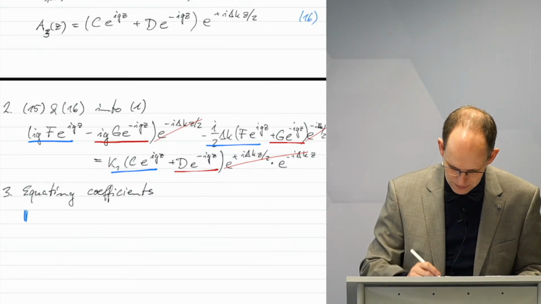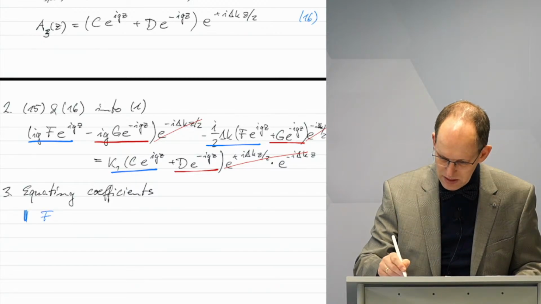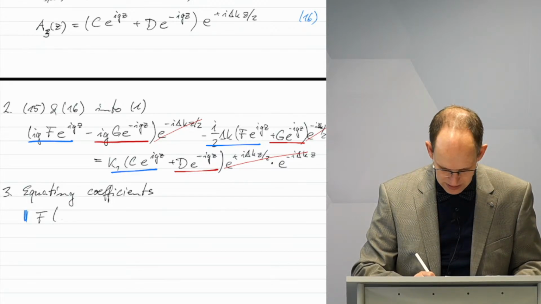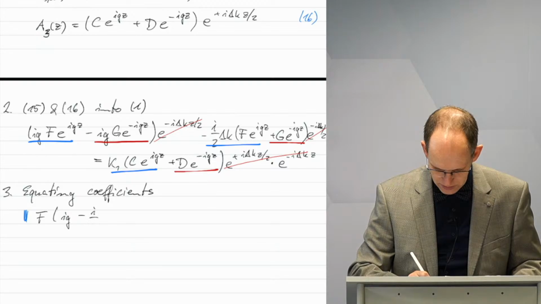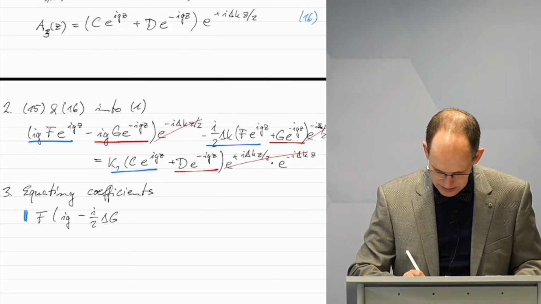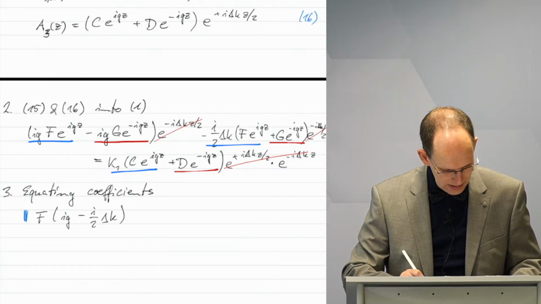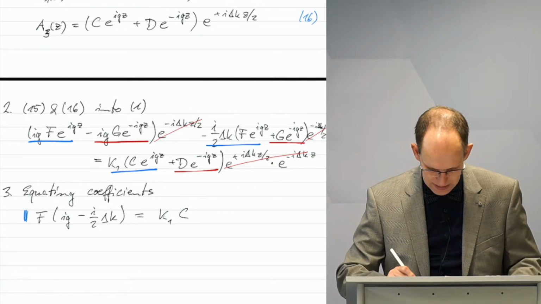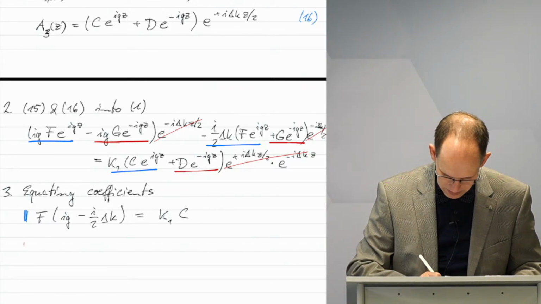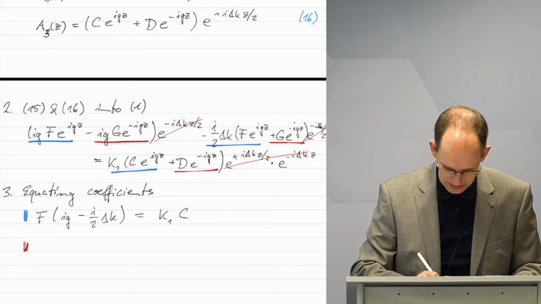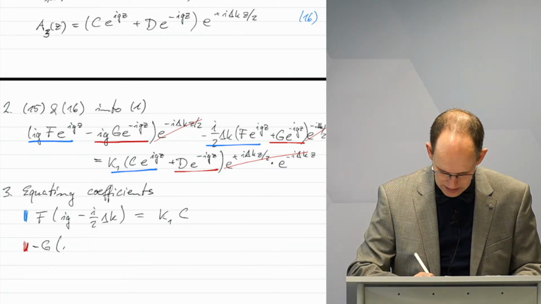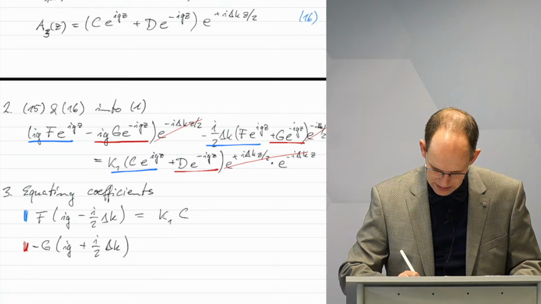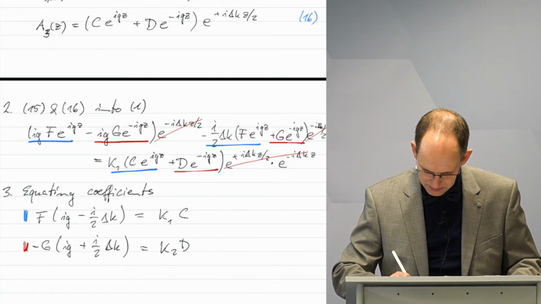There we have f times (ig minus i over 2 delta k), now delta k I want to write, is equal to k1 times c, and the same thing for those in red. There we have minus g times (ig plus i over 2 times delta k) is equal to k2 times d.